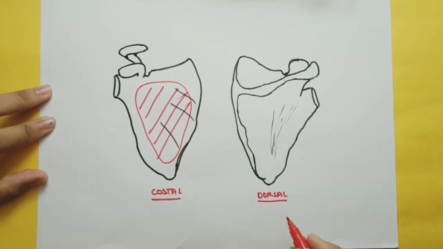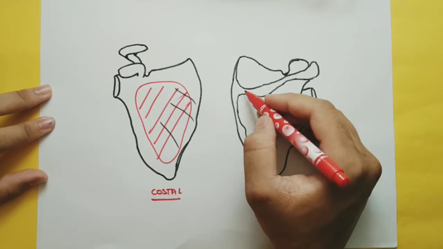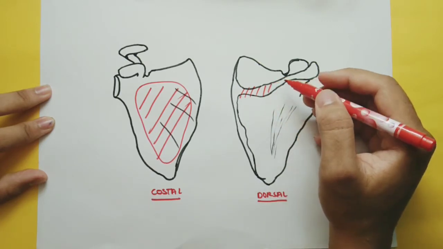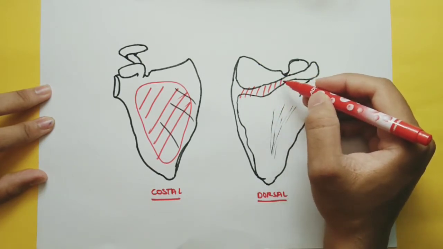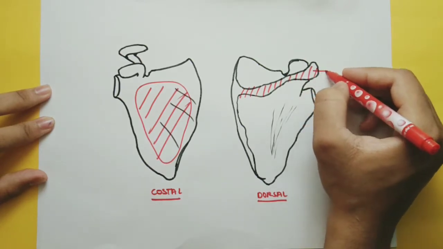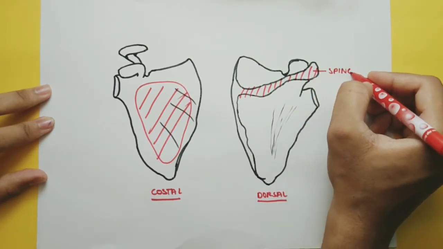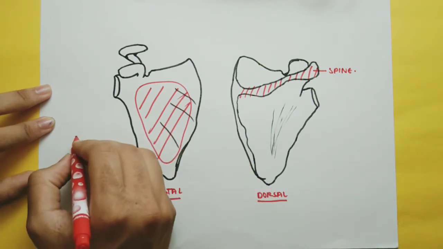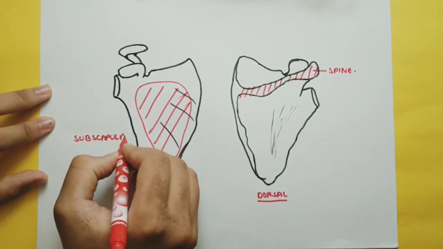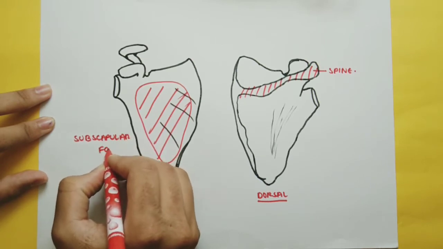The dorsal surface of scapula is convex in shape and it has a crest. This is the crest, which is extending backwards, called the spine of scapula.